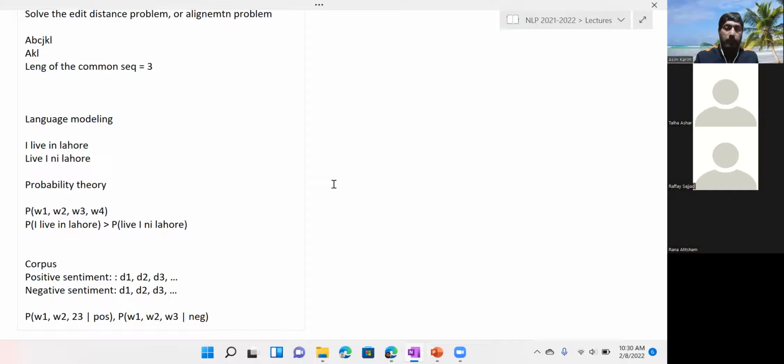And if, for example, the probability for the positive was higher than that of the negative, you can do a classification. You can say that this document that contains W1, W2, W3 is positive with a greater likelihood as compared to it being negative.